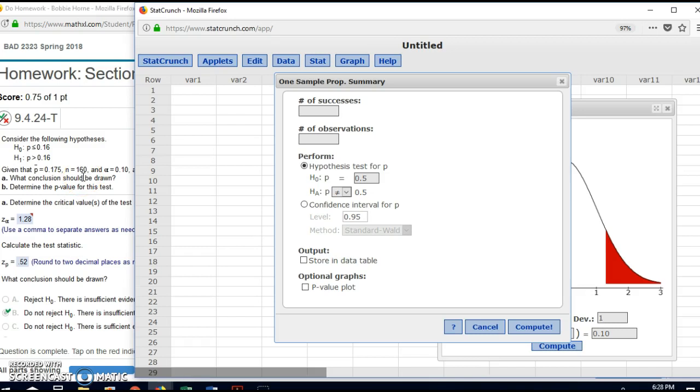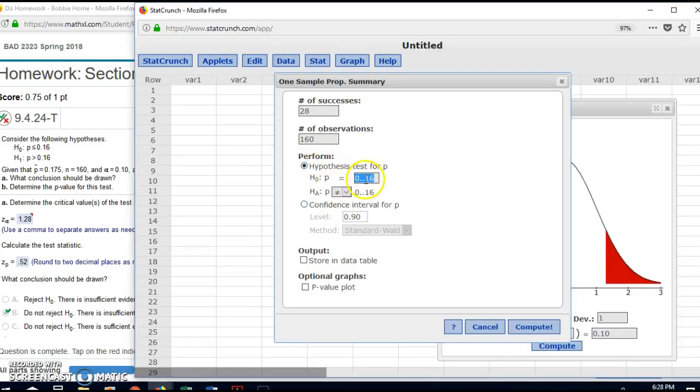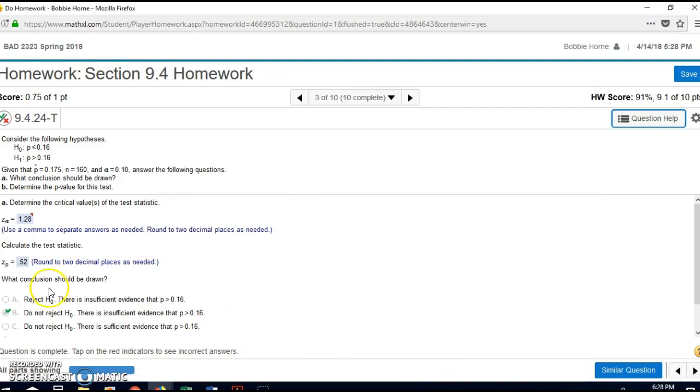So 160 times 0.175, and the successes are 28, and the observations are 160. The hypothesis is 0.16, and alpha is 0.90, and then you hit compute. Hold on, I accidentally put too many decimals. Compute. And you'll see that your z-stat is 0.52.